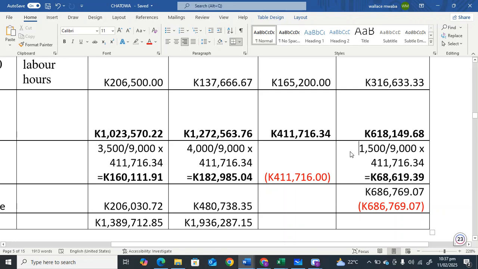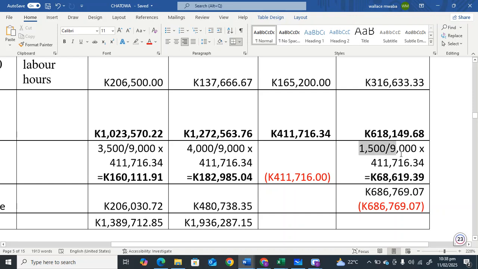Okay, I was saying we are reapportioning stores overhead to maintenance. Remember, the basis of reapportionment is number of store requisitions. So maintenance has 1,500 store requisitions out of 9,000 store requisitions, and we're multiplying it by the overhead for stores.